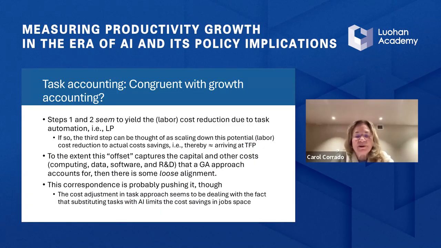Rather, they're talking about what I started off talking about, which is that okay, ChatGPT tells you that 8% of what economists do can be automated. But how you map that into job space is complex. And the cost savings that you get is not merely the value of the 8% of economists' wages. In fact, it gets reduced quite a bit.